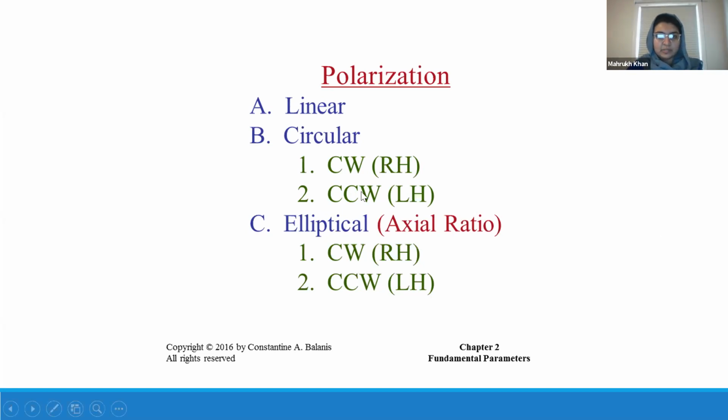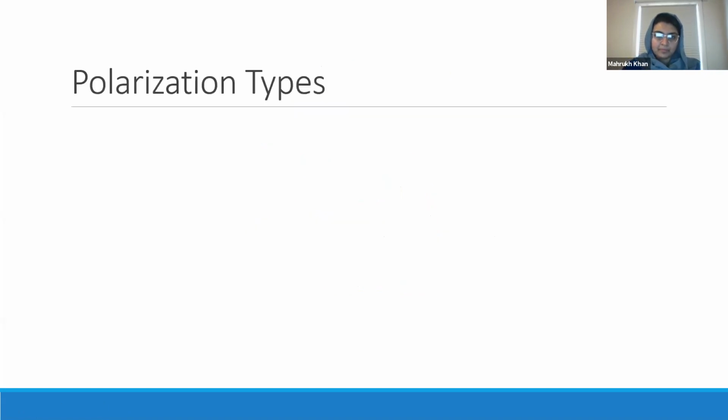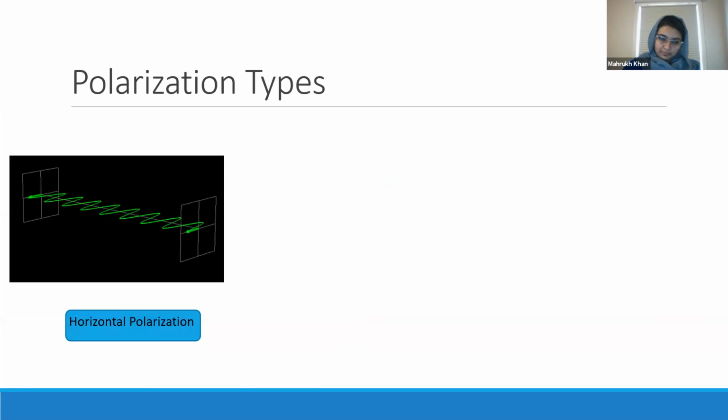CW means clockwise, right-hand circular polarized. CCW means counterclockwise, left-hand circular polarized. This is linear polarization.